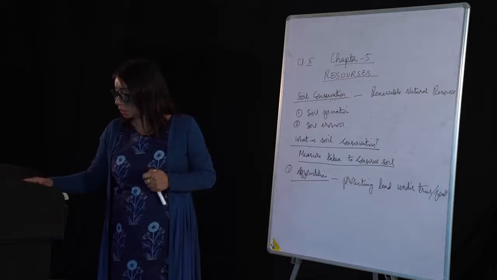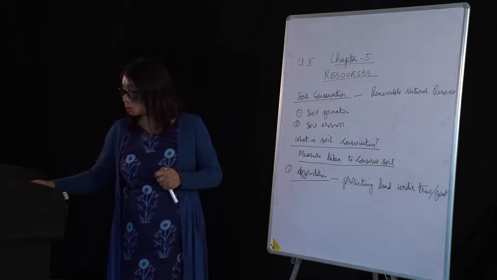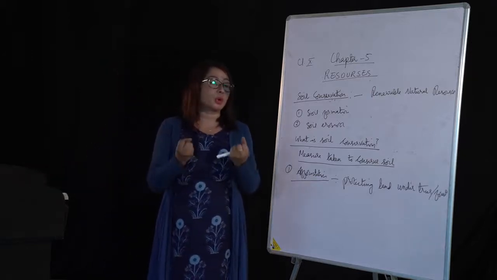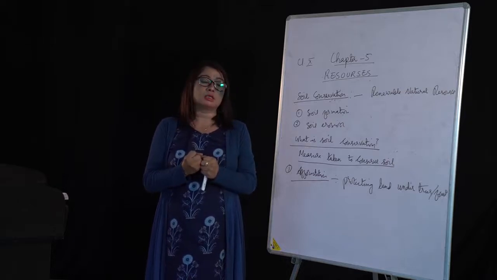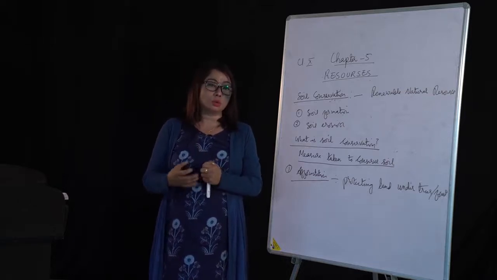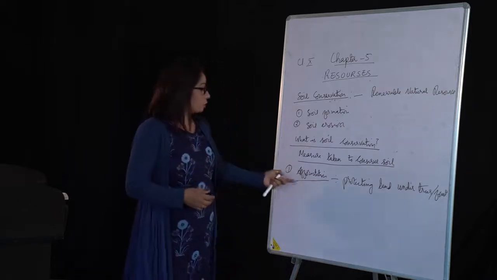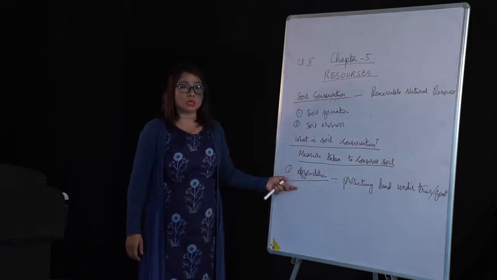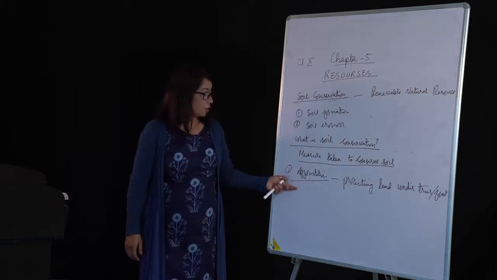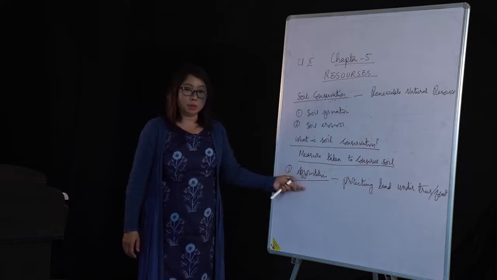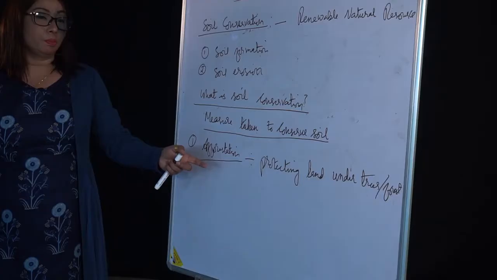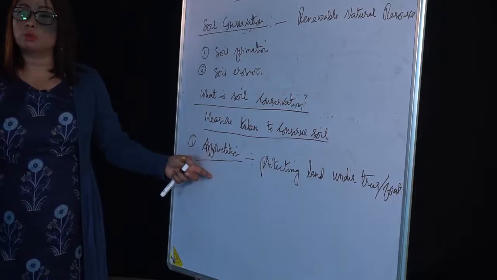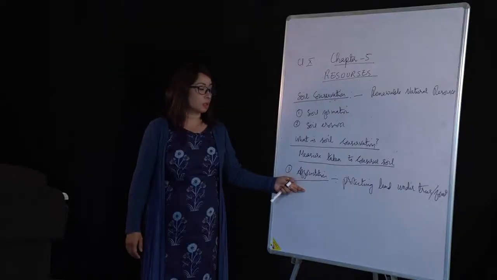Now, afforestation will also reduce soil erosion because the roots of the trees hold the soil tight and do not allow it to erode over time. So, afforestation or protecting land under trees or forests is a very good way of conserving soil. Planting more and more trees, more areas should be brought under forest.